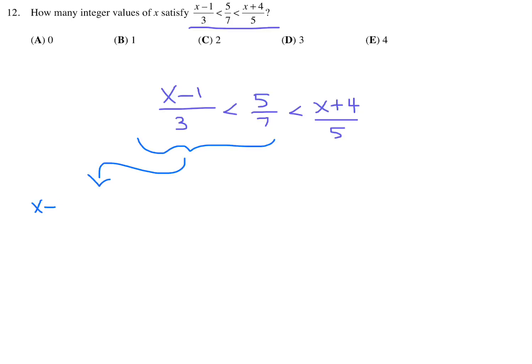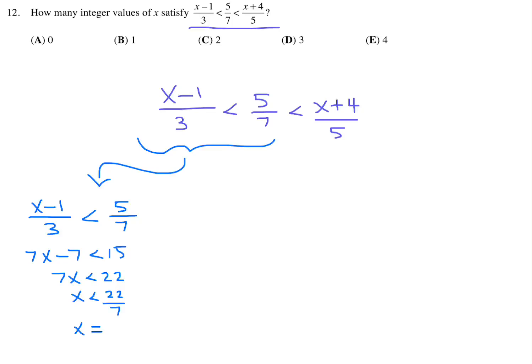We got x minus 1 over 3 is less than 5 over 7. So if we cross multiply, we get 7x minus 7 is less than 15. 7x is less than 22. X is less than 22 over 7. And that is approximately 3.1. So x is not equal to 3.14, but it is less than that.